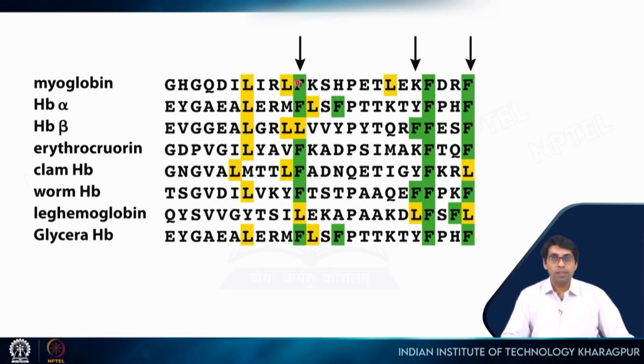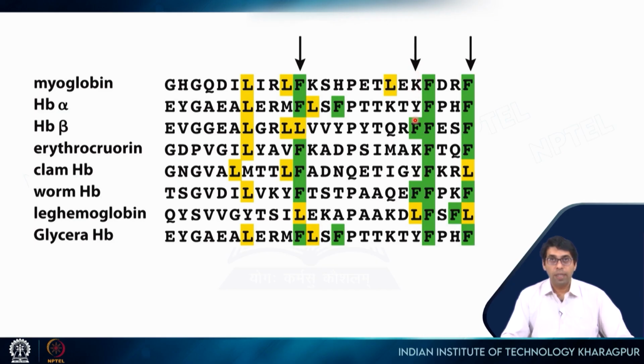In this place I do see phenylalanine and leucine. Here I do see leucine, but it is not substituted by phenylalanine. In this case I do see phenylalanine, but there are no leucines, right. Here I have leucine, but no phenylalanine. So, I can take only those columns which have both leucine and phenylalanine. That is how I can get the pairwise substitution.